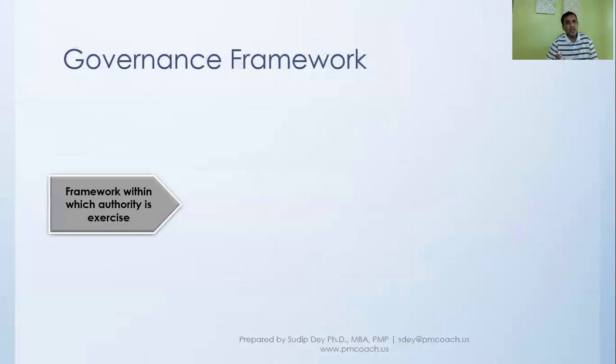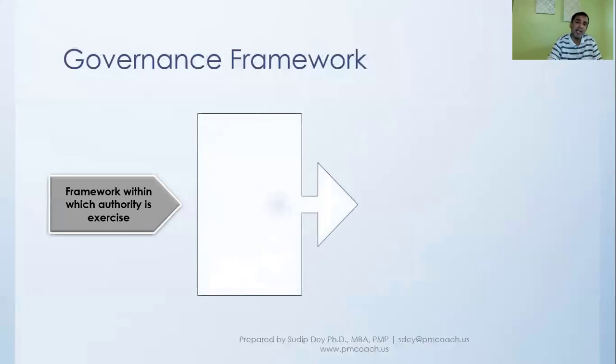This framework, or the governance framework, is a structure which tells who can do what, who will be able to approve what, who has the authority, and so on and so forth. It is a framework that has been developed over time, and typically it includes rules.